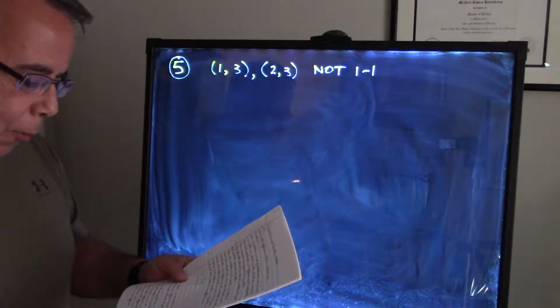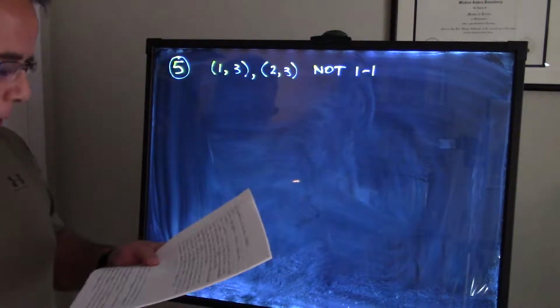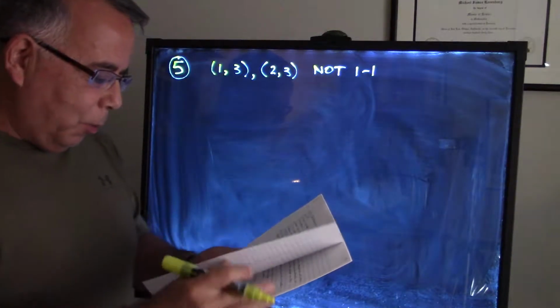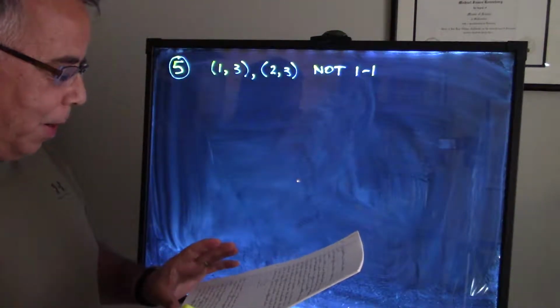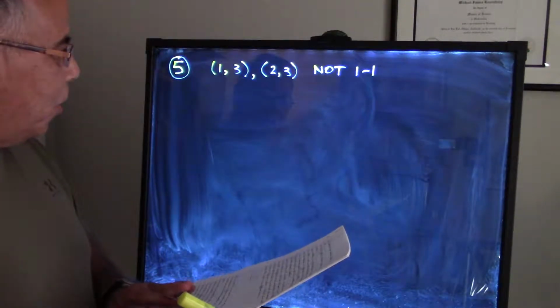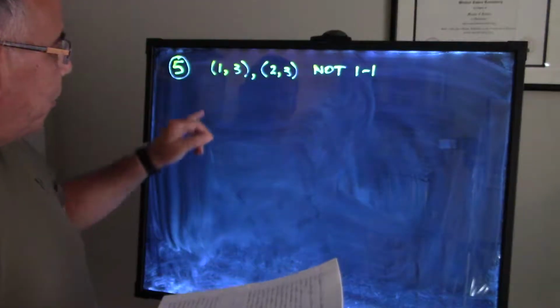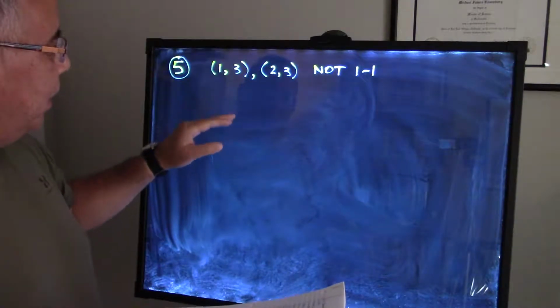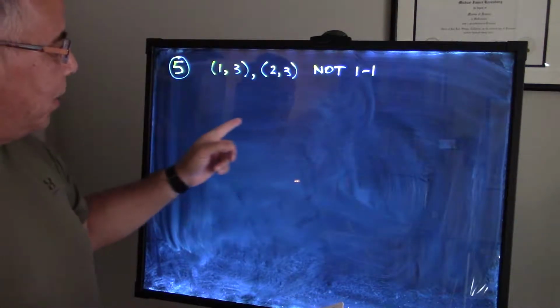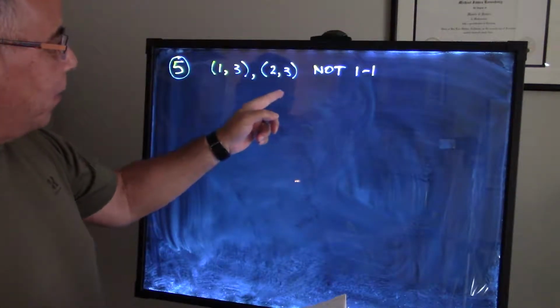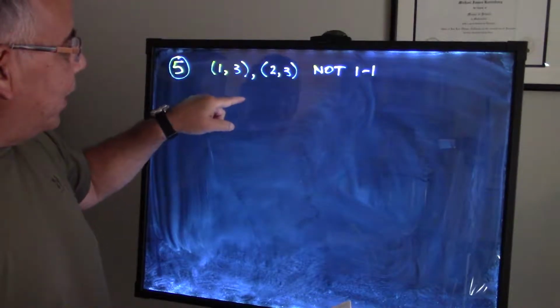So if you have something like this, where you have different x coordinates but the same y coordinate, then a horizontal line, if you visualize this, you have two different x coordinates, same y coordinate, right? So plot it here and here.